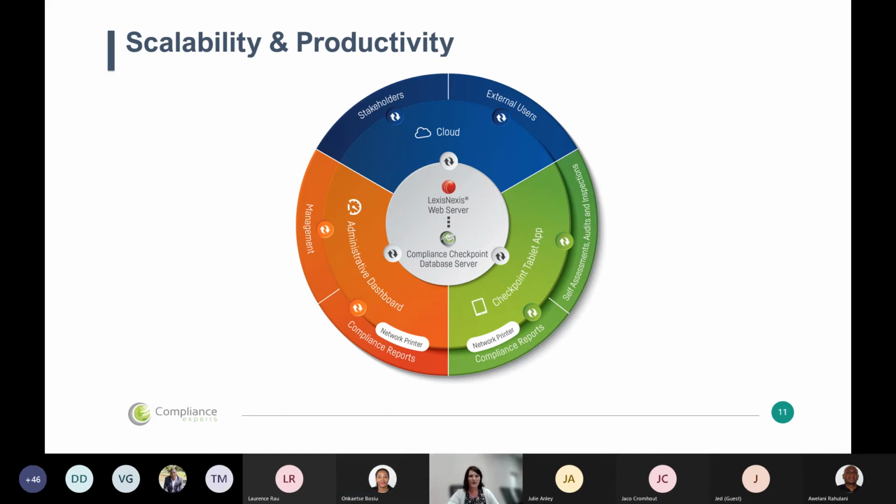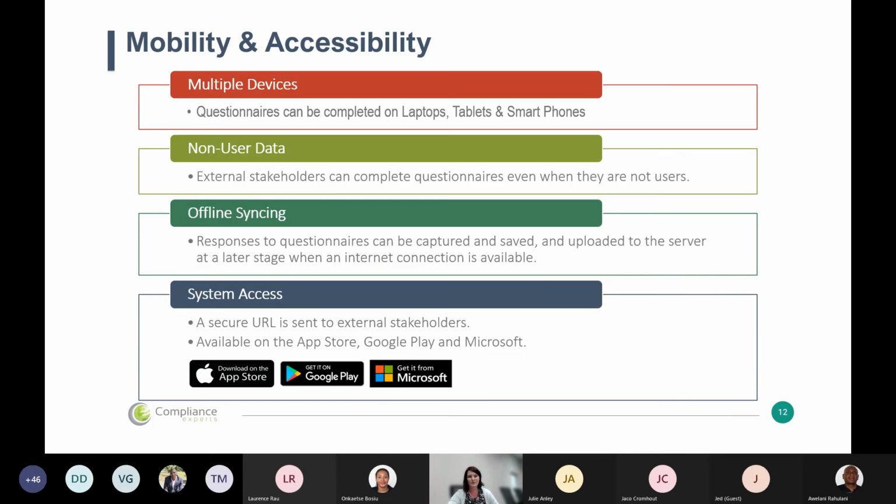Thank you. And then on the right-hand side, self-assessments. I think this is a very important option. You can send it out automatically based on certain requirements and then pull in the information and get some very valuable data from that. Mobility and accessibility, I think, is very important.